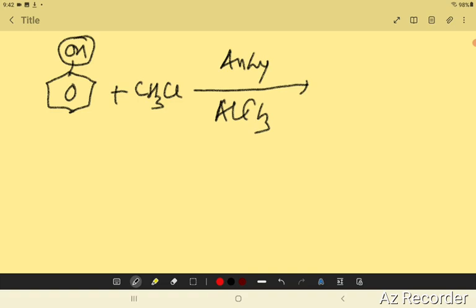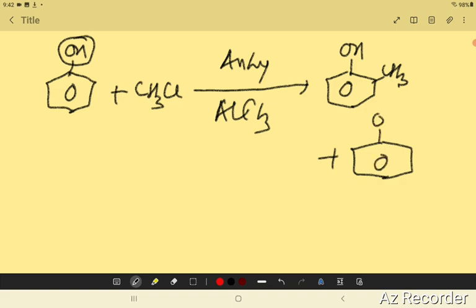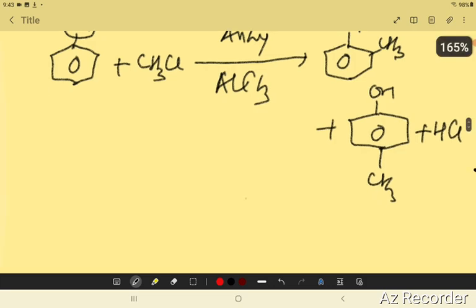The methyl group will be attached in the first product at the ortho position, so you get OH and CH3 at the ortho position, and in the second product you get the OH group and the CH3 group at the para position. Apart from this, the byproduct is HCl. This is another example of Friedel-Crafts alkylation, because the alkyl group, that means the CH3 group, is attached to the benzene ring. It is also an electrophilic substitution reaction.